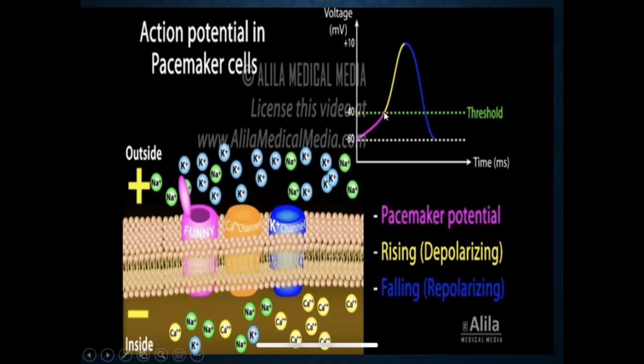Minus 40 is the threshold potential. The moment it reaches threshold potential, calcium channels open, calcium influx, sudden depolarization, reaching a positive electrical value. Then calcium channels close, potassium channels open, potassium efflux, and repolarization occurs.